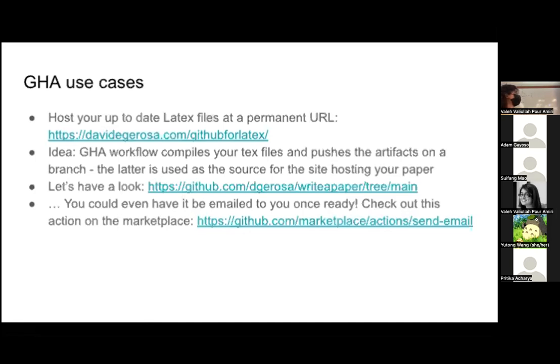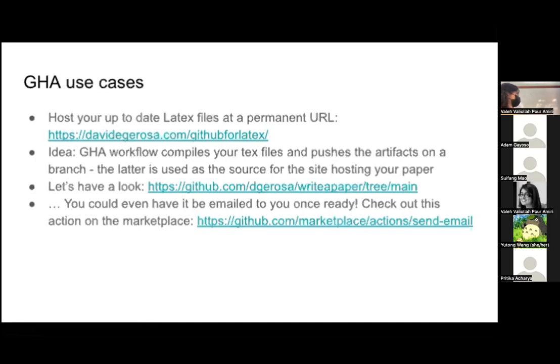I believe you can do that with Overleaf, but you can also do it with GitHub Actions. There might be certain things you can do with GitHub Actions that you cannot do with Overleaf. Specifically in this case, it's a URL that your collaborators can just navigate to and see the PDF without making any edits. They just want to see the PDF.